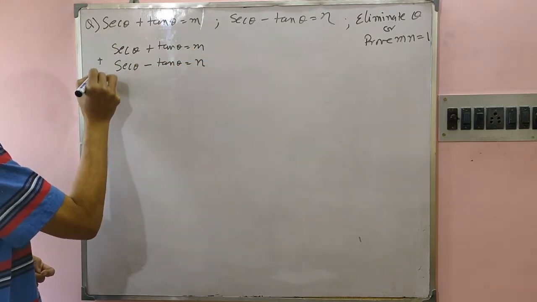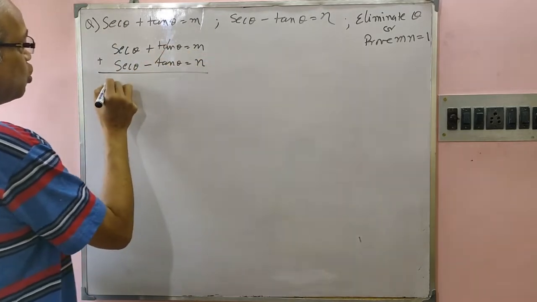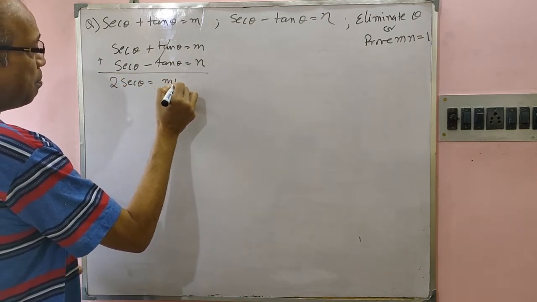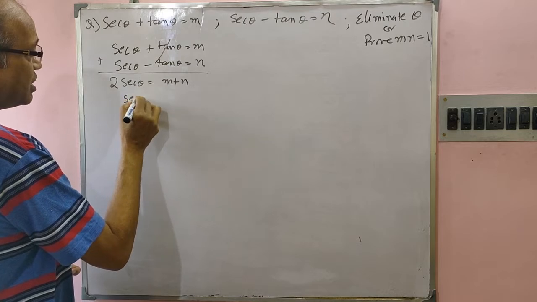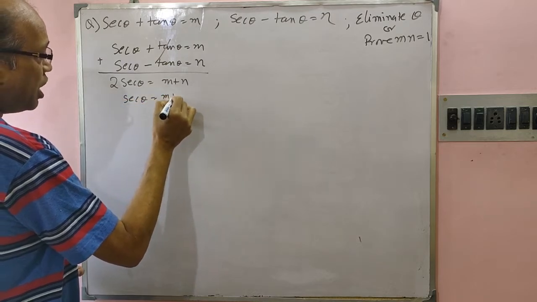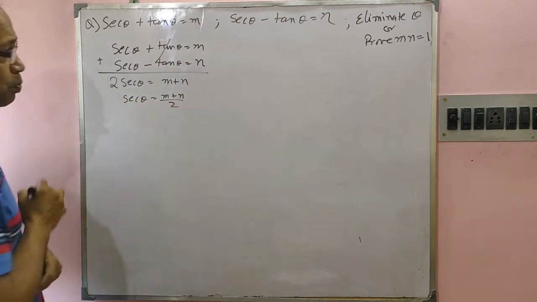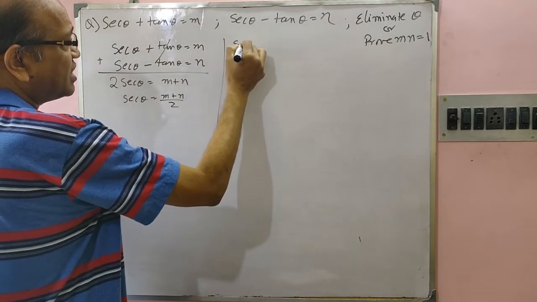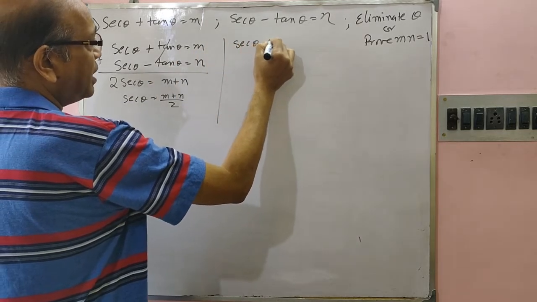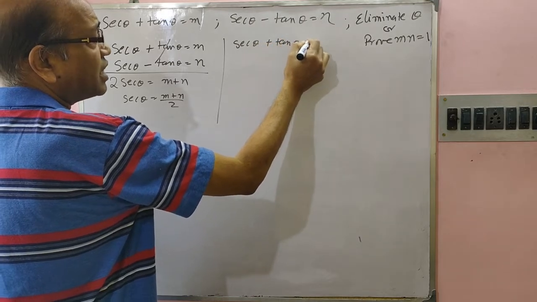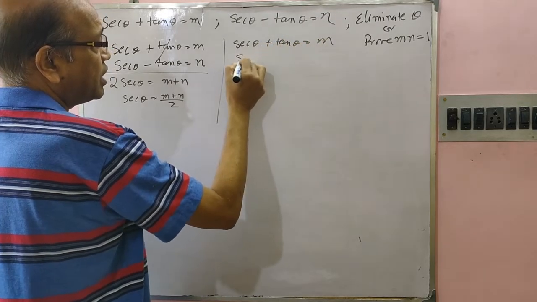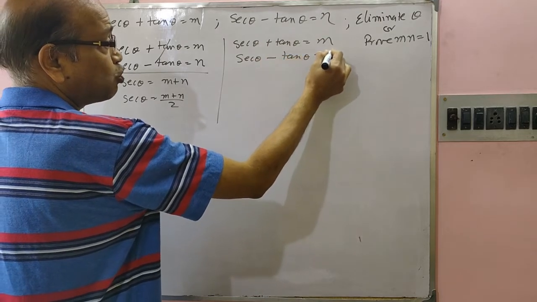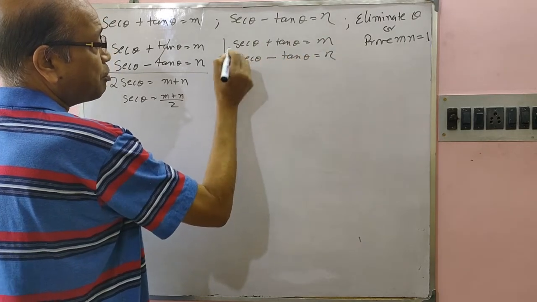Now add these two. What do we get? 2 secant theta is equal to m plus n, and secant theta is equal to m plus n by 2. Now again, secant theta plus tan theta is m, secant theta minus tan theta is n. Now subtract.